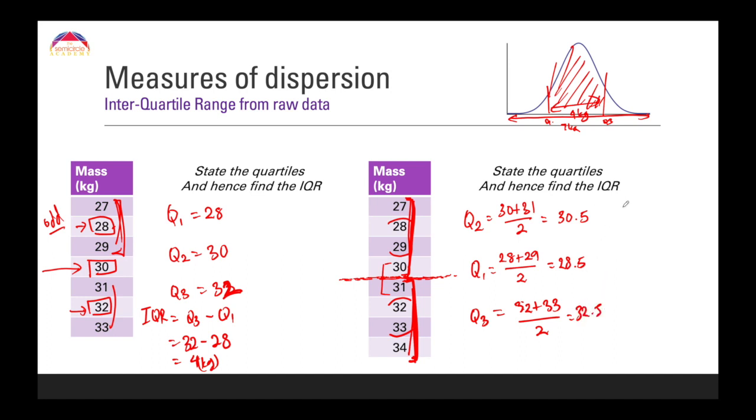Therefore, my interquartile range is equal to Q3 minus Q1, which is 32.5 minus 28.5, and I believe that still gives us 4. Let me just check and make sure. 32.5 minus 28.5 is 4, yes.